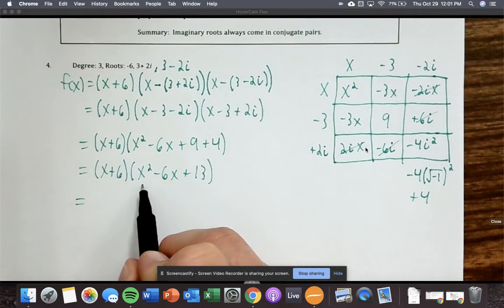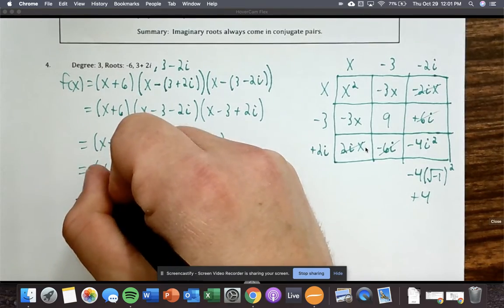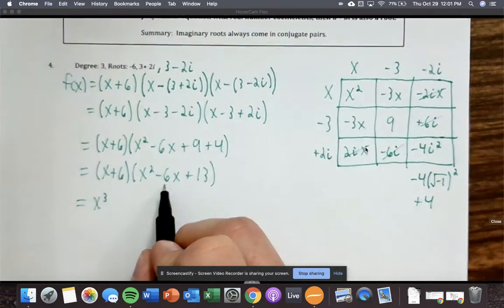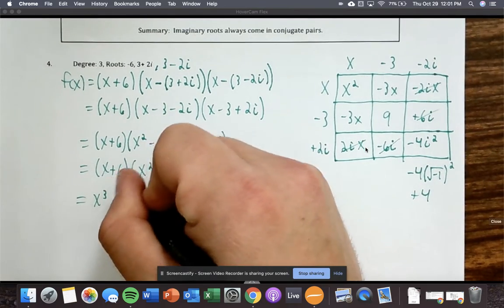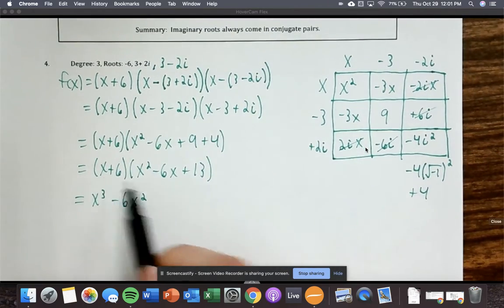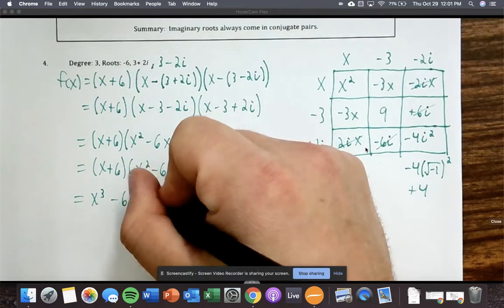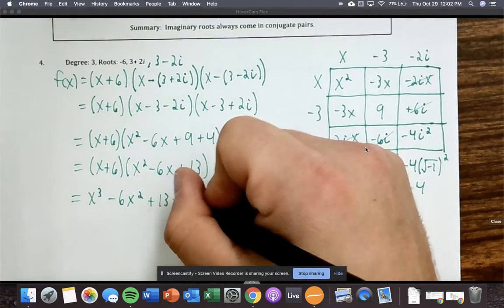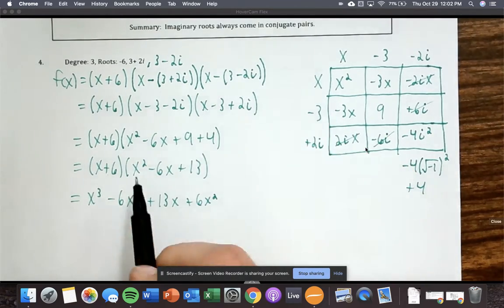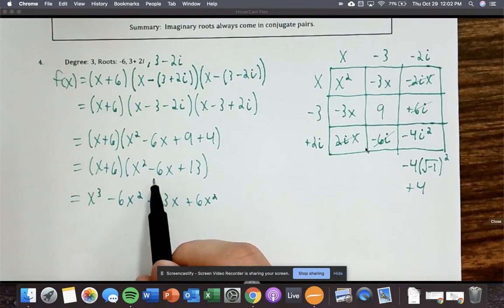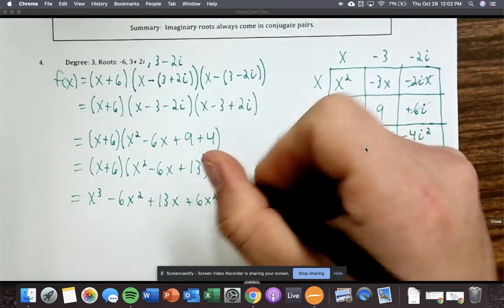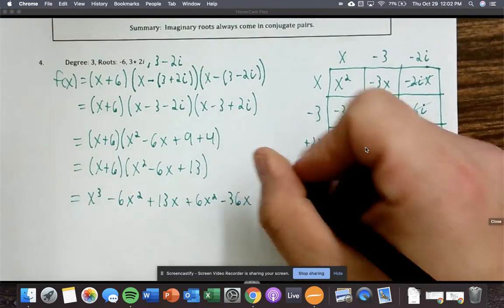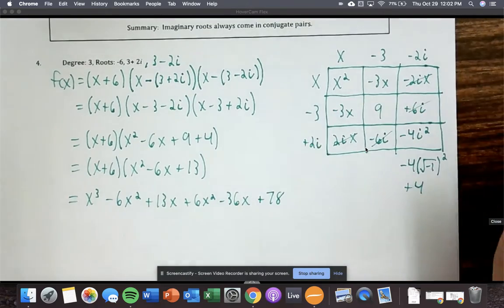We would do x times x squared, we would get x cubed. x times negative 6x is negative 6x squared. x times 13 will give us positive 13x. 6 times x squared is positive 6x squared. 6 times negative 6x is going to be negative 36x. And then 6 times 13 will give us positive 78.